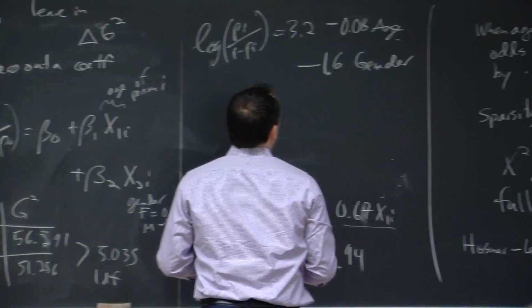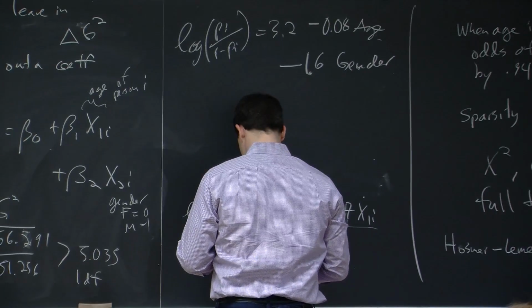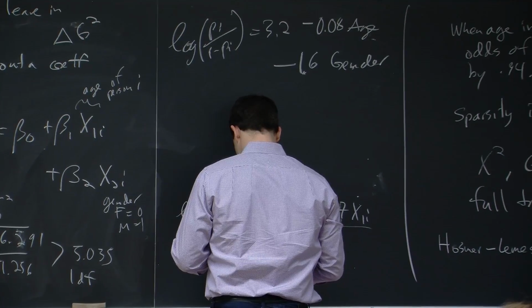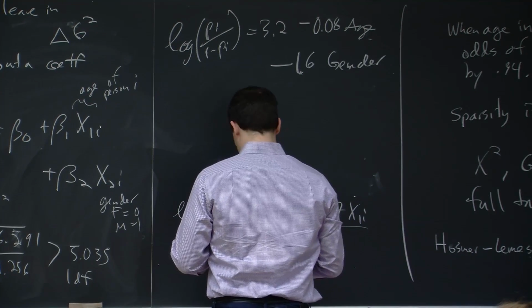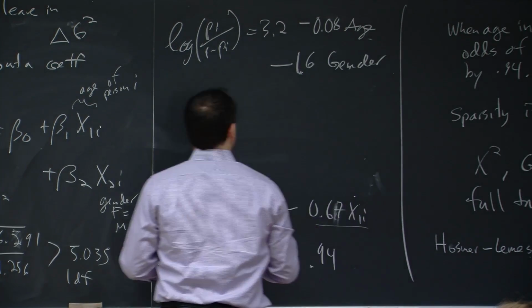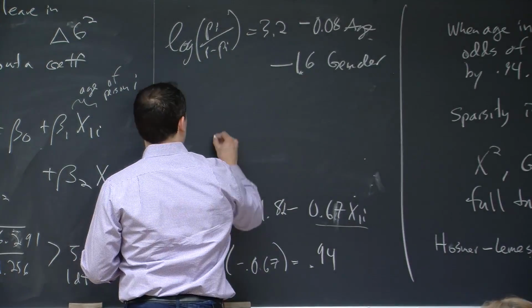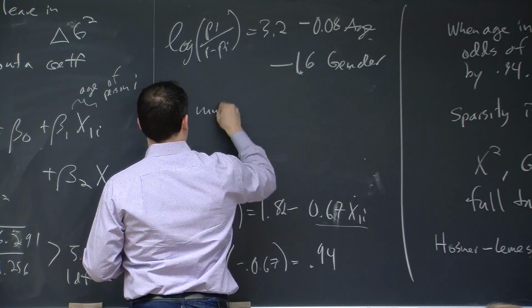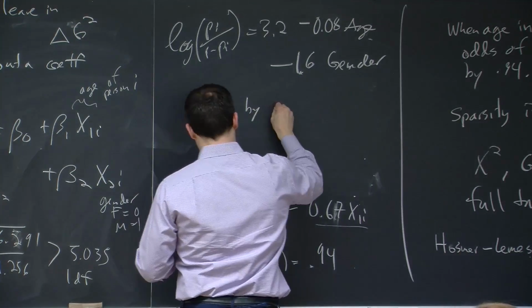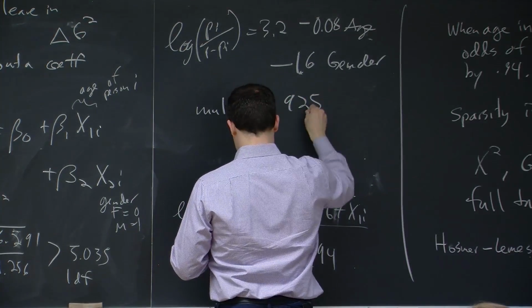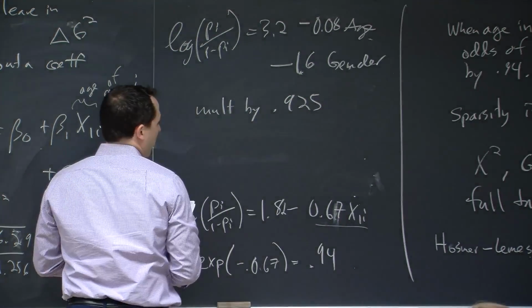And if you exponentiate, you get an odds of survival baseline. You get that the odds are multiplied by 0.925 per year.